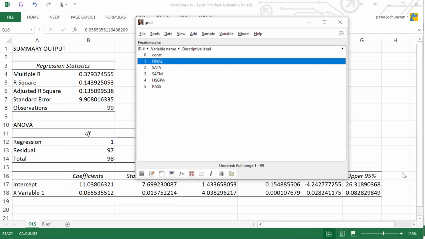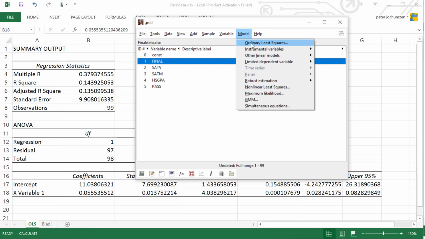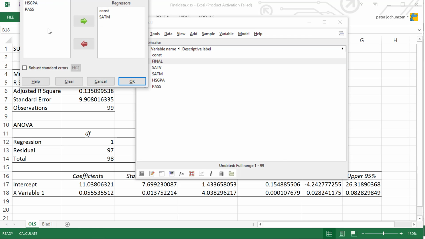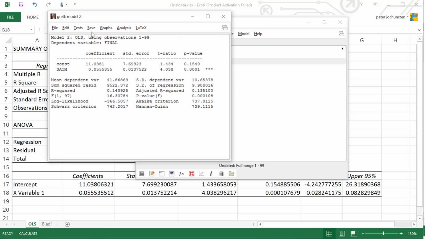To get confidence intervals in Gretl, you do your regression first of all. So let's see, we go to model, ordinary least squares. The model I'm considering right now is explaining final with SATM, like that.